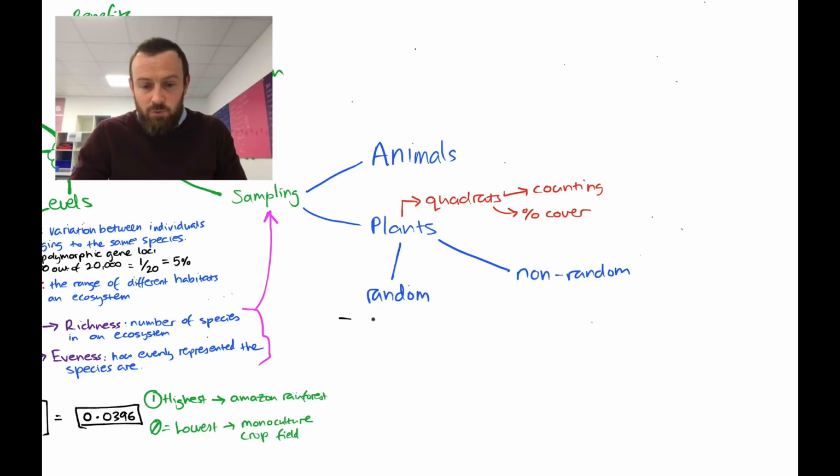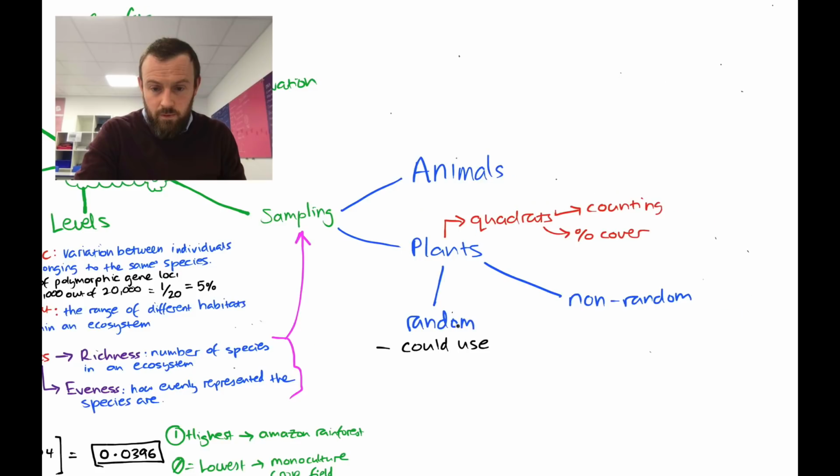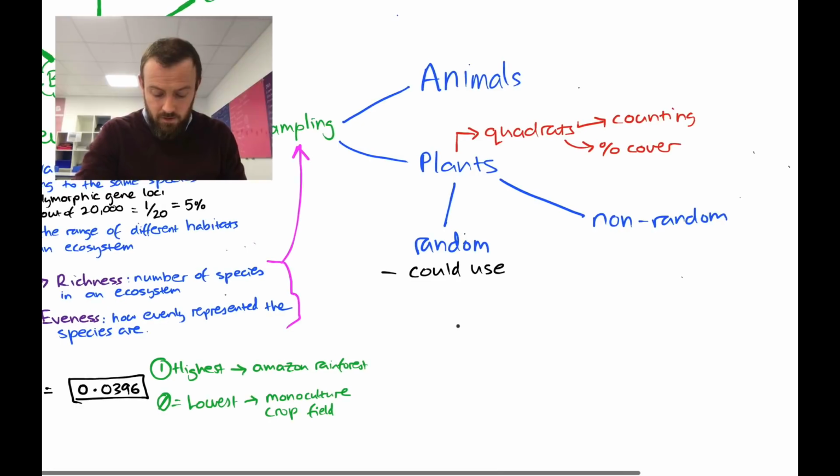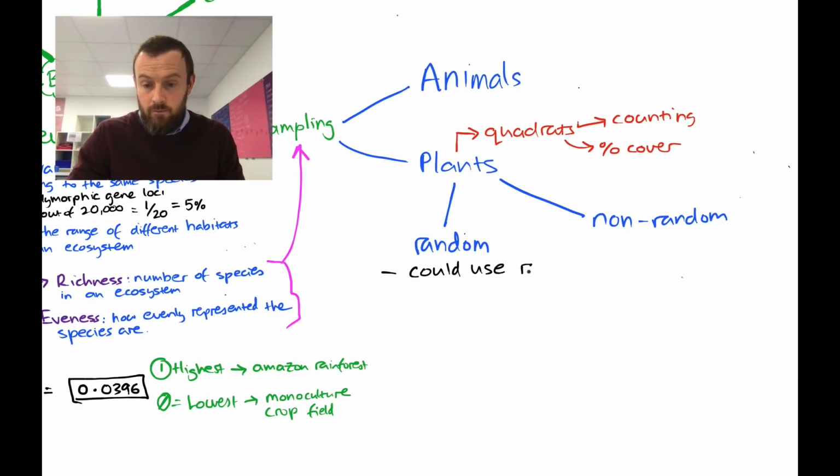So I would write, first of all, we could use random throwing. But there's a possibility of bias.